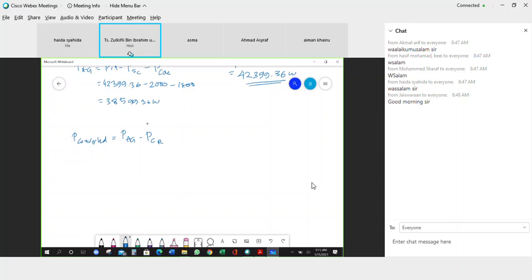The copper loss of the rotor is given as 700 watts. So your 38,599.36 minus 700 watts, you will get 37.9 kilowatts.